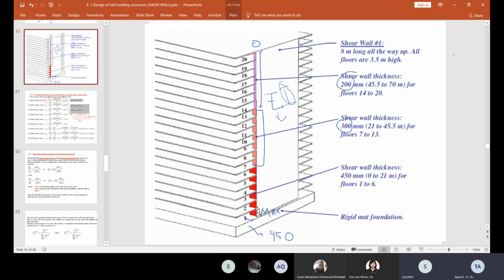The same goes for levels 2, 3, 4, 5, and 6 also. So the K above and below will differ at the transition levels only, for example levels 14 and 7. For the other levels, the K above and K below will be the same. Okay, please take note of that.